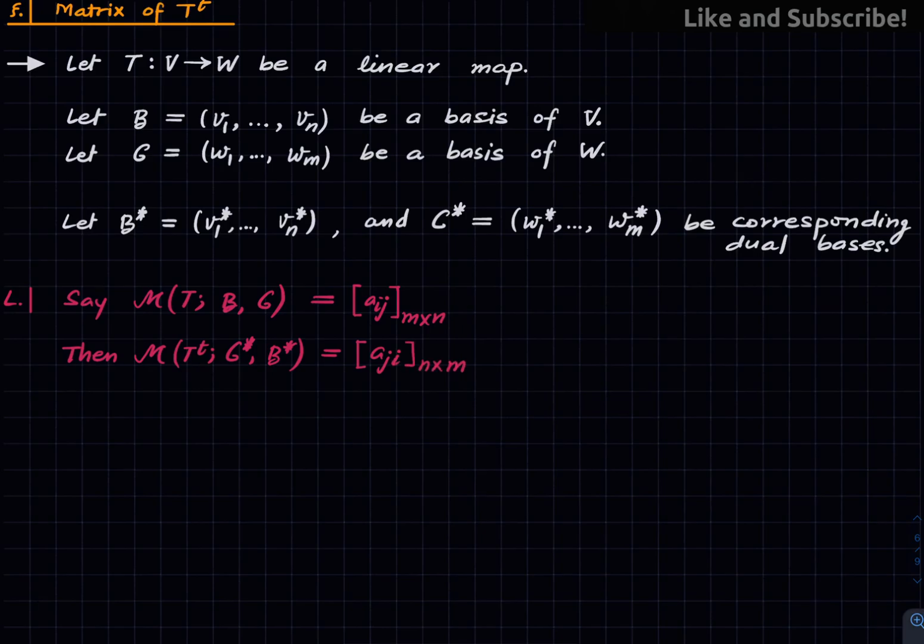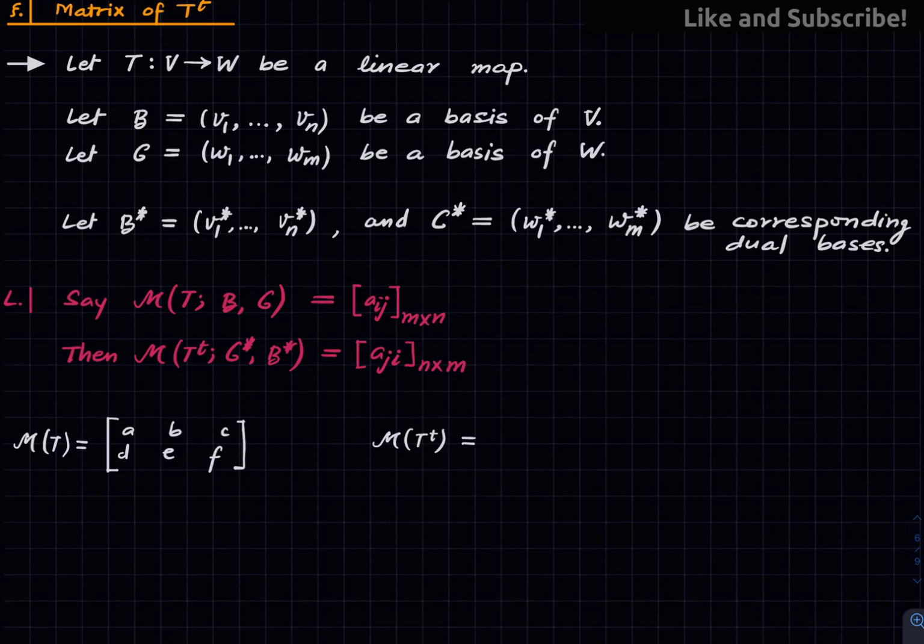So that's what this is, but let me explain this in a simple way. So suppose the matrix of T was of this sort, A, B, C, D, E, F. So it was a 2 cross 3 matrix. So if this were the matrix of T with respect to the two bases, then what would be the matrix of T transpose?